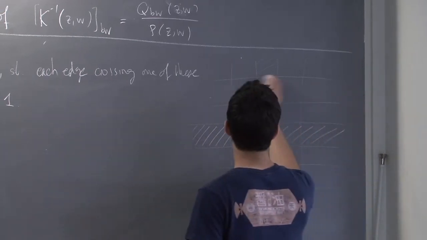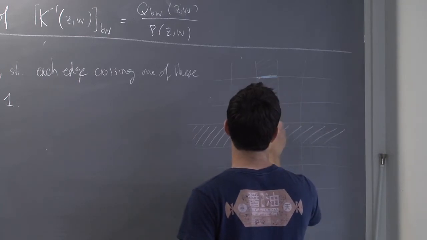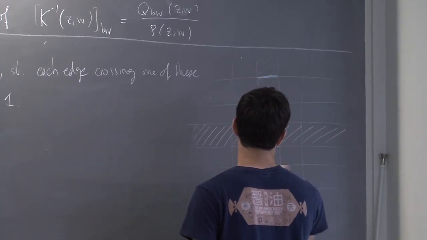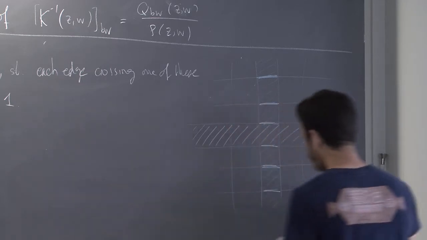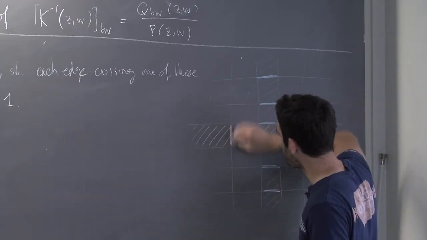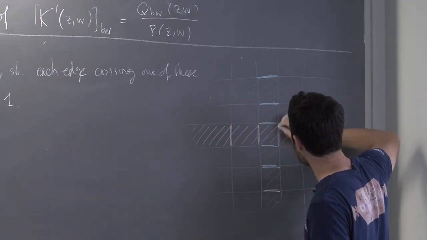And each time you have an edge that crosses one of these paths, then it's present with probability 0 or 1.